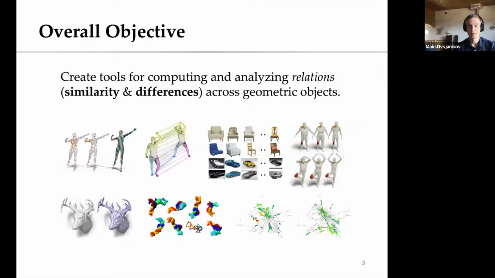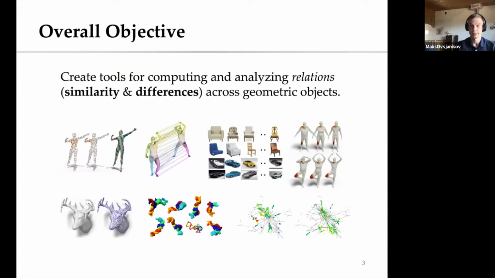So in my work, I primarily work on creating tools for analyzing relations across geometric shapes. So relations basically are different notions of similarity and also notions of differences that might exist in collections of either organic shapes or man-made shapes, or even shapes represented as graphs, for instance.